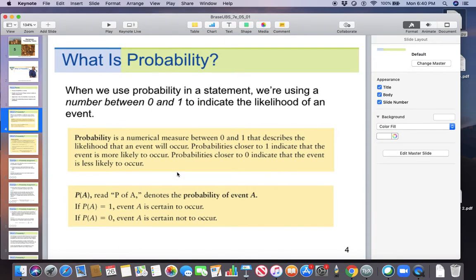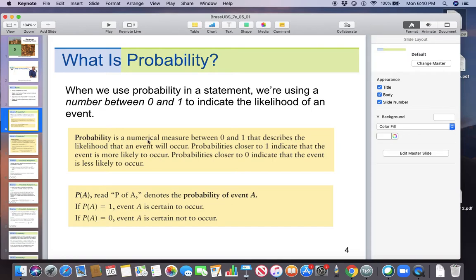Okay. What is probability? When we use probability in a statement, we are using a number between 0 and 1. Notice probability has to be between 0 and 1 to indicate the likelihood of an event.